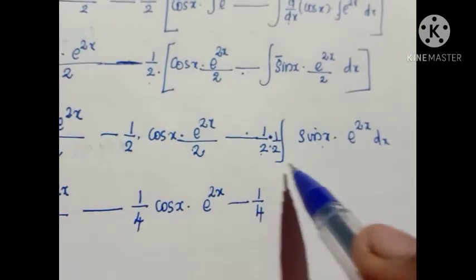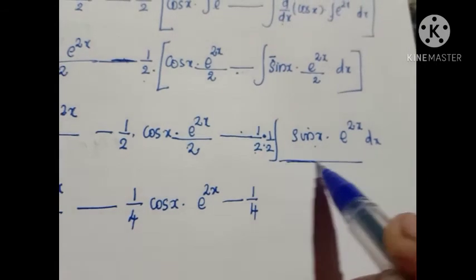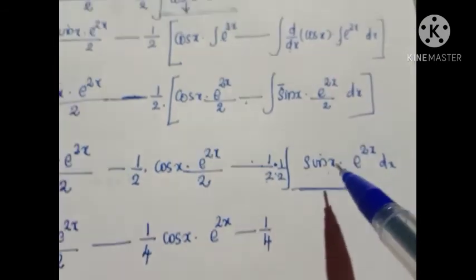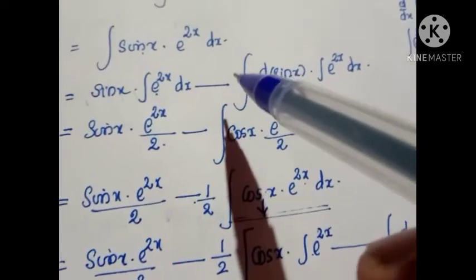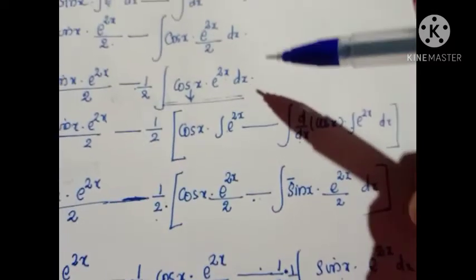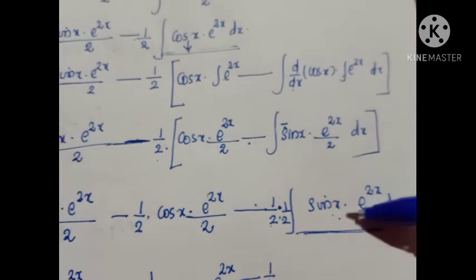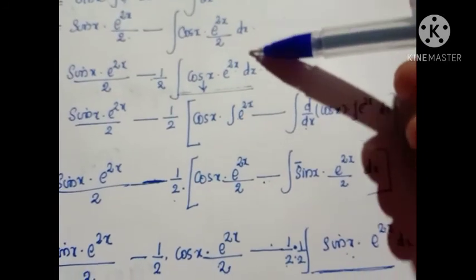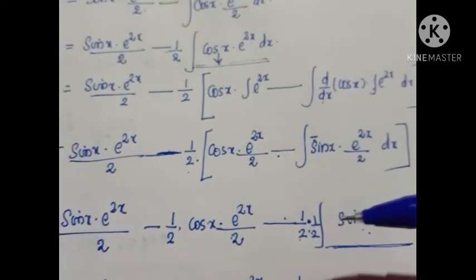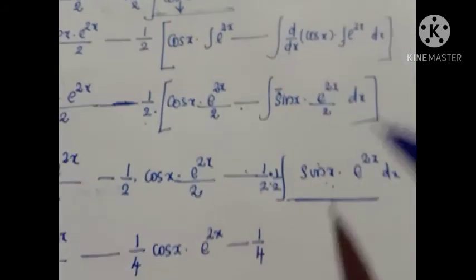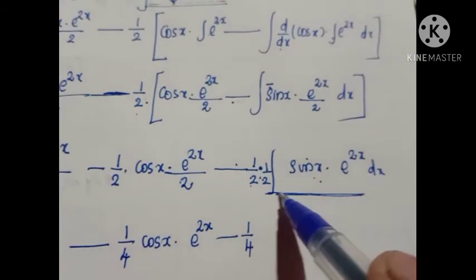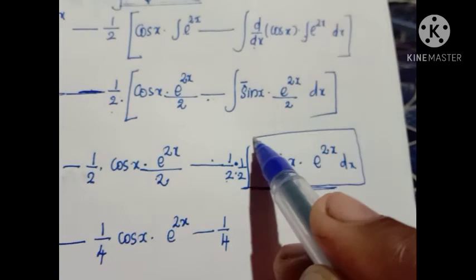Listen, if we integrate this integrand by integration by parts, we will get the same things, isn't it? Because these two are same. So if we continue this integration procedure, the process will never stop. So in this case, have a look. What is this?